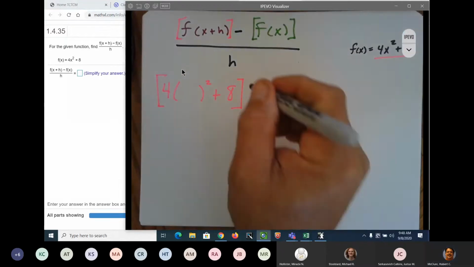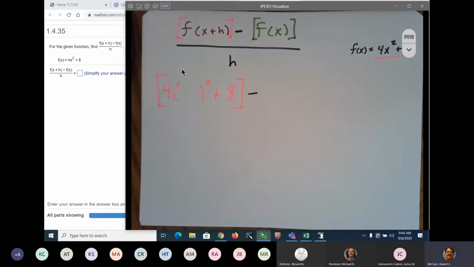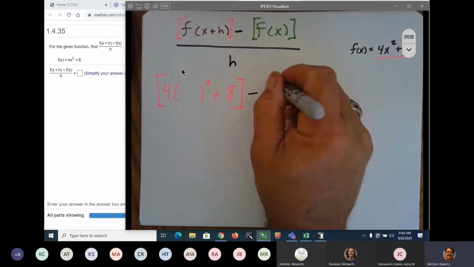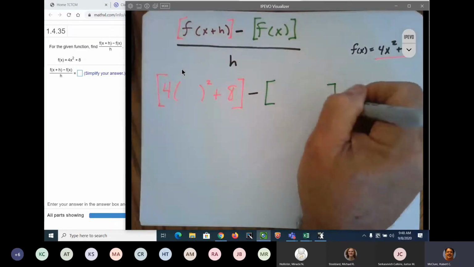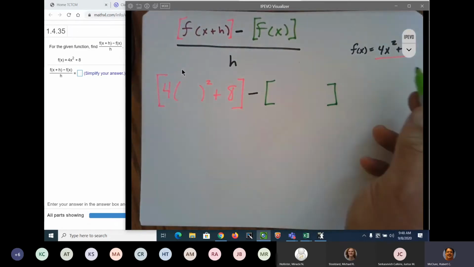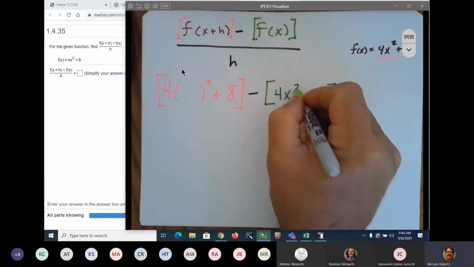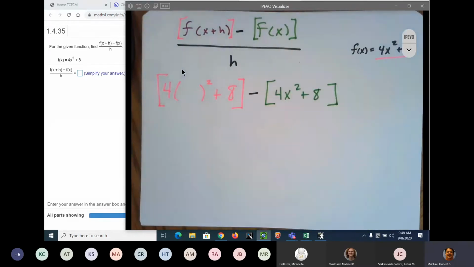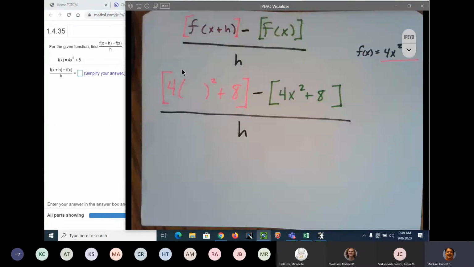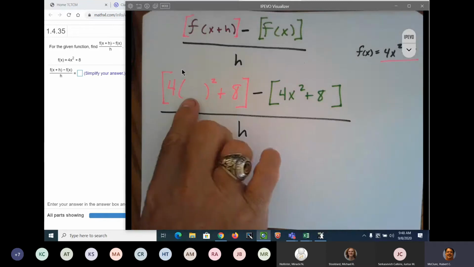Minus brackets. And what is f of x? Well, f of x is 4x squared plus 8. And all that over h.